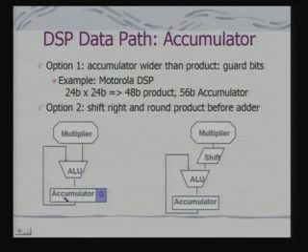Okay? And then when I am storing the value from the accumulator, I shall be using an appropriate rounding method and store the result in the memory. If I really do not have the accumulator guard bits, what shall I do? Here I shall do the shifting and rounding. So the round shift block which I am showing here is basically a shift and rounding block.